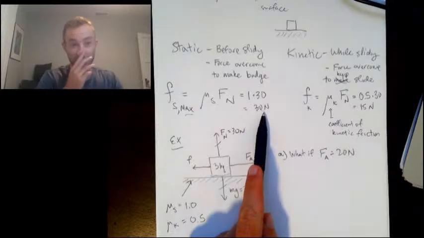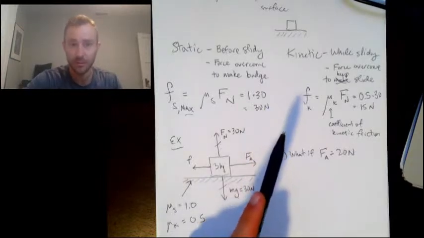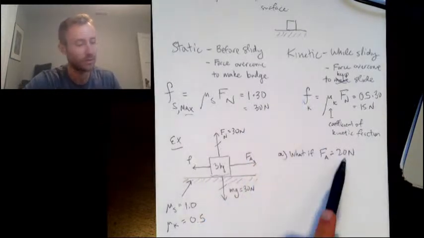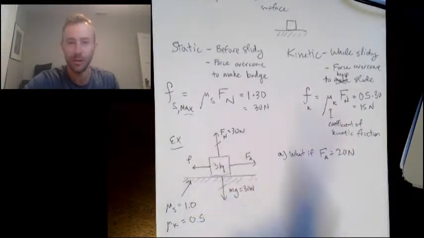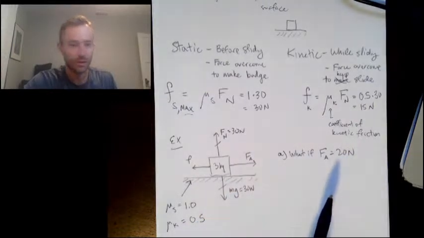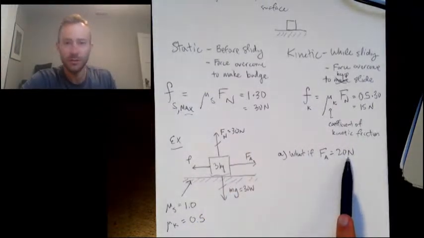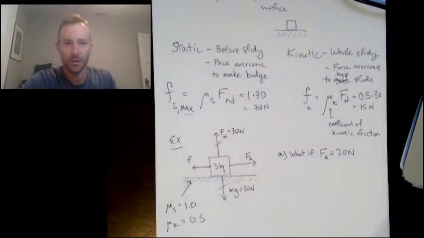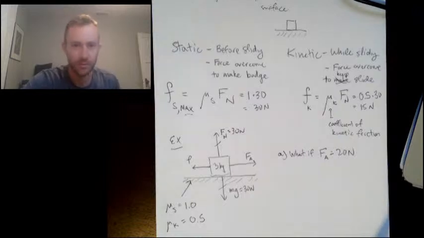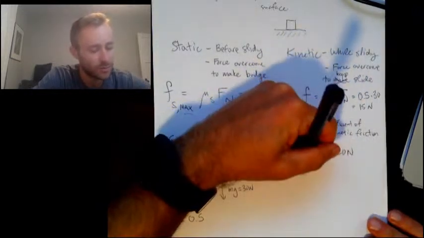So could static friction equal 20 newtons? Yes, because 20 is less than 30. Okay. So if you apply 20 newtons to the box to pull it, but static friction goes up to 30, it's not going to move. Okay. So you're going to have no motion.